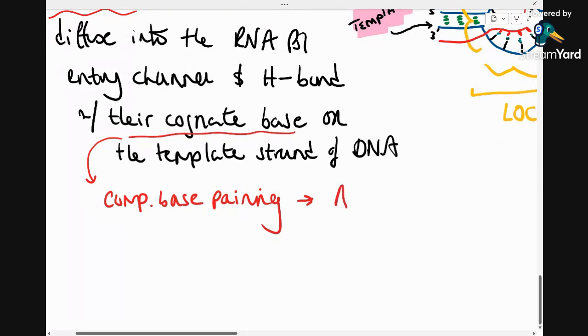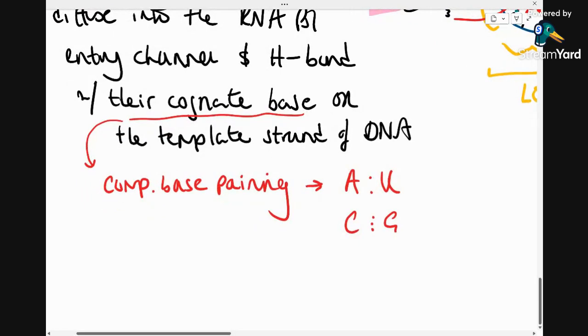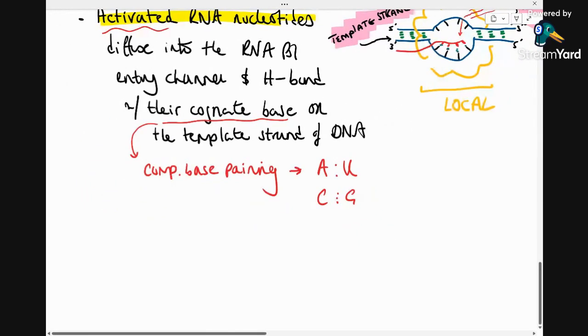So I would always say that the A will pair with the U, and the C with the G. Two hydrogen bonds for A and U, three hydrogen bonds for G and C. Always worth mentioning that when you talk about complementary base pairing. Very often in mark schemes, you get marks for citing the rule.